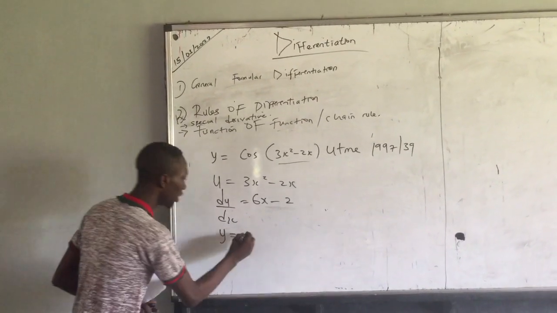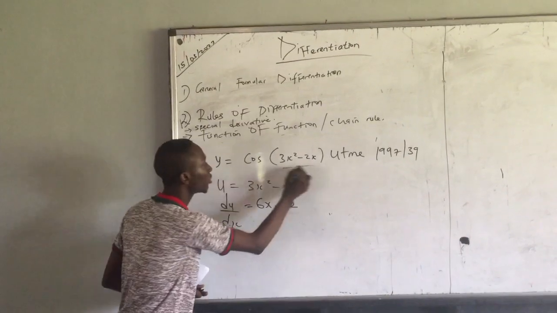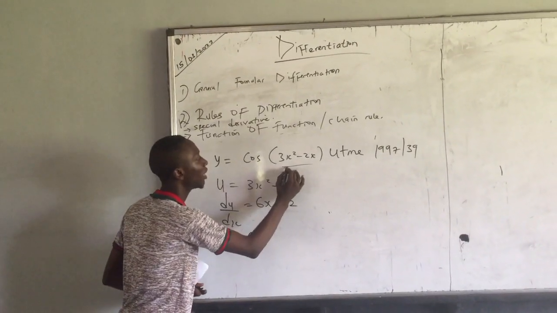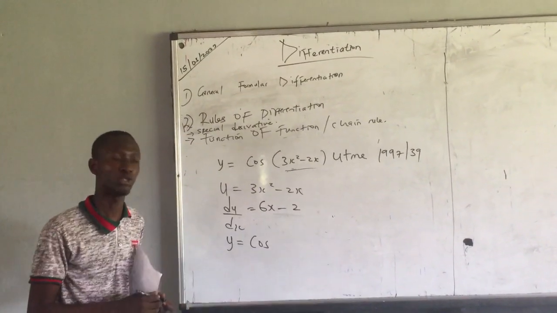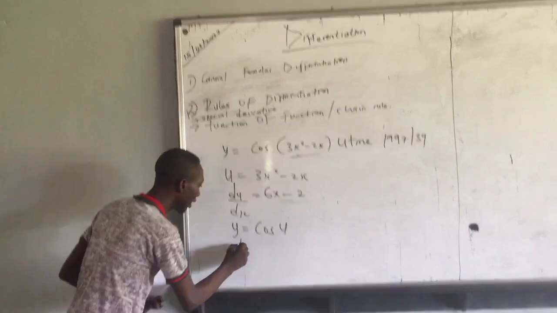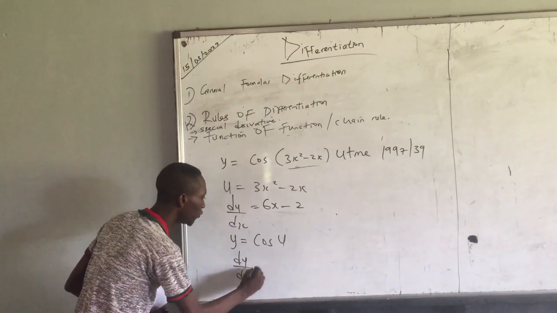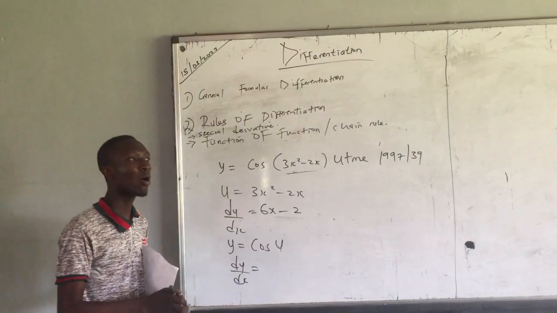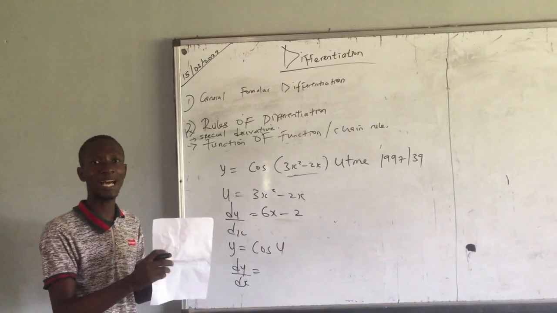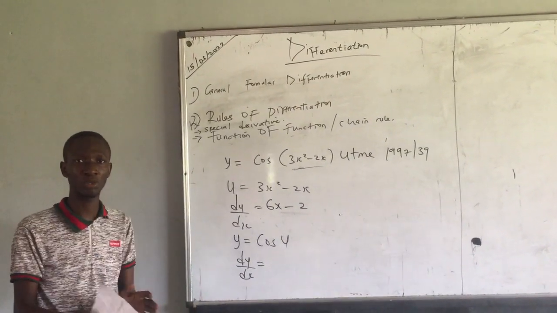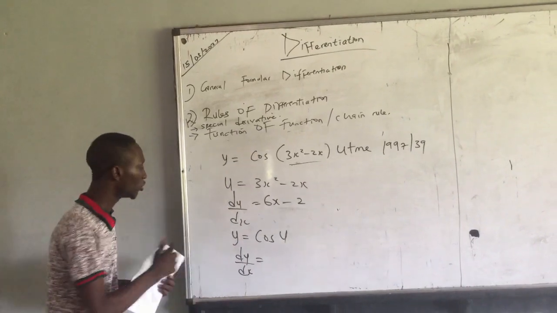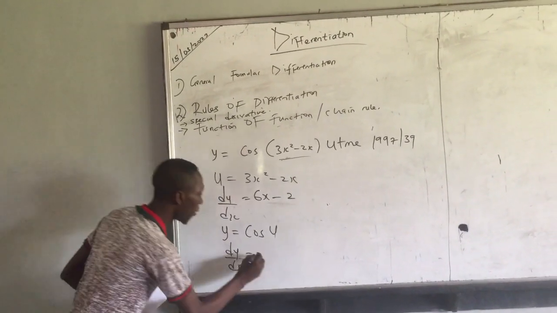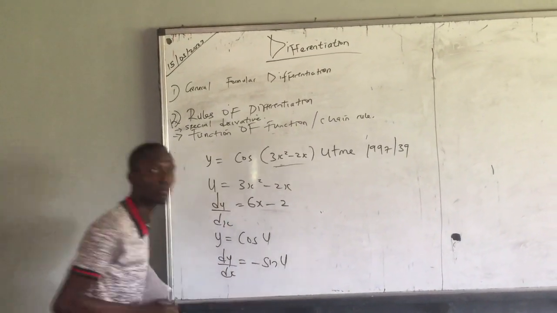Now we rewrite the whole equation. That's the next step. It becomes cos. Instead of writing cos everything here, remember that we have replaced this equation with u. So it becomes cos u. Now differentiate cos u. Recall, I gave you the special derivatives. So if you differentiate cos, it will become minus sine u.